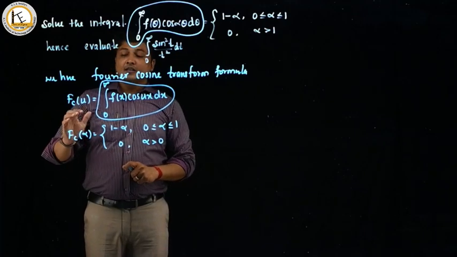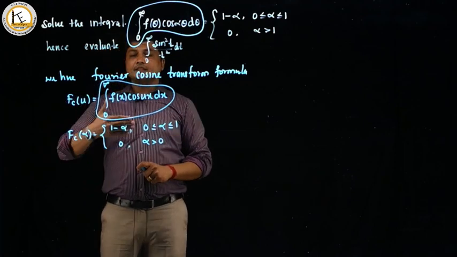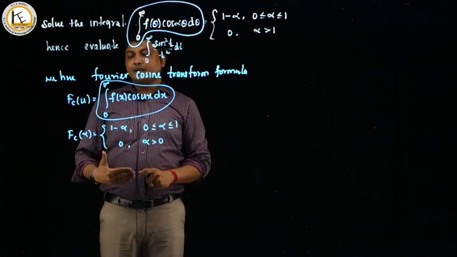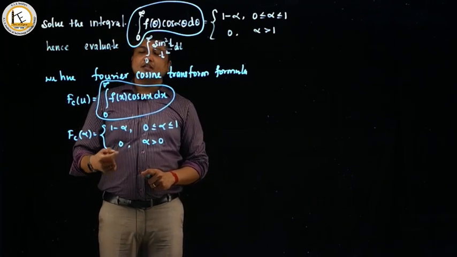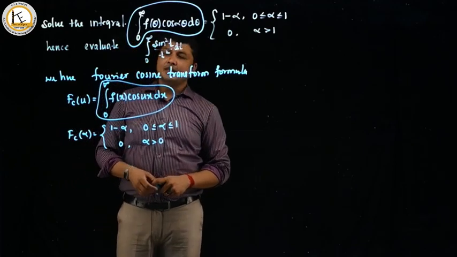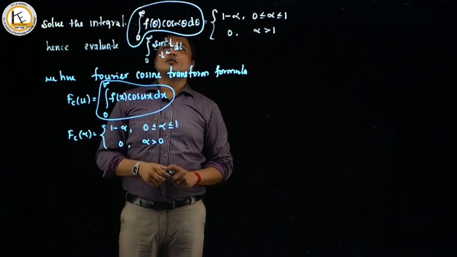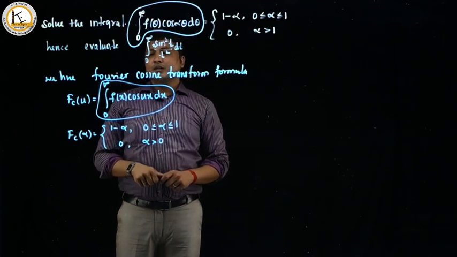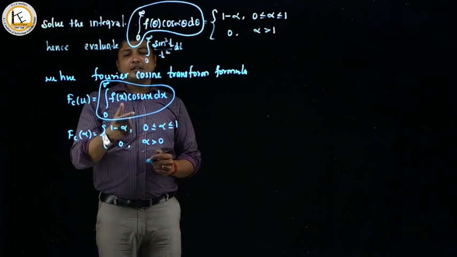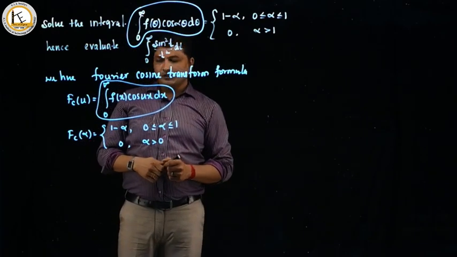It means the cosine transform is given and we need to find its inverse, obviously. Inverse means we need to find f of x, but here in this particular problem, f of x is replaced by f of theta. So now we need to find f of x, that is the inverse Fourier transform formula.